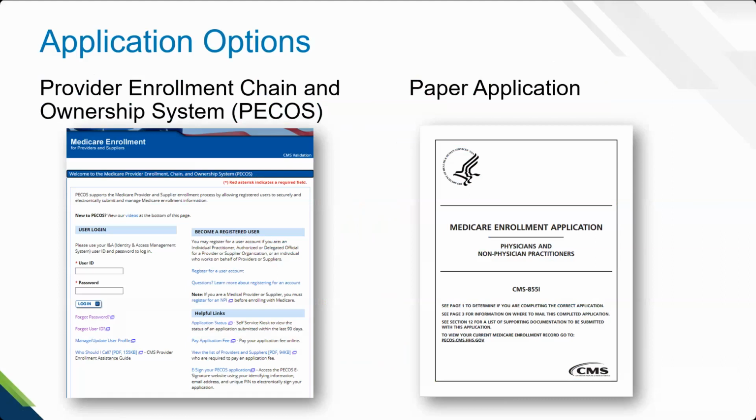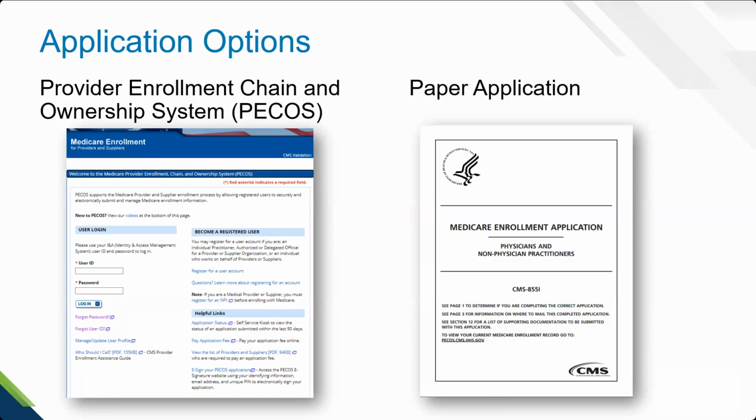From there, the MAC has to process that mail and get that into our workload system. So right on the front end, there's sometimes a 3 to 5 day, I don't want to say delay, but a little bit of a lag because it has to get to us. Whereas it's almost instantaneous with PECOS. You submit today, we will see it tomorrow.